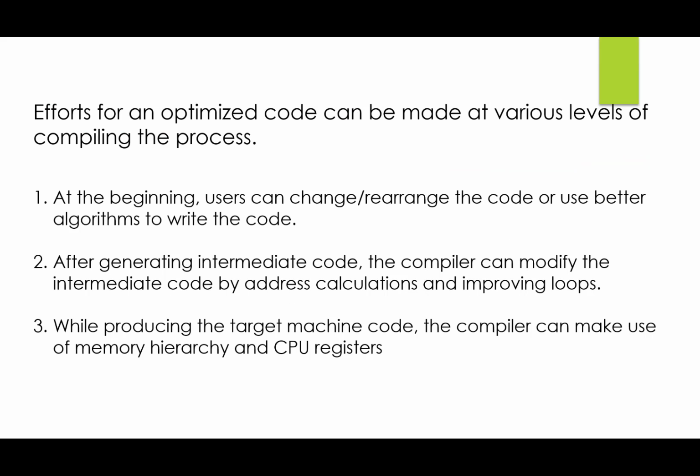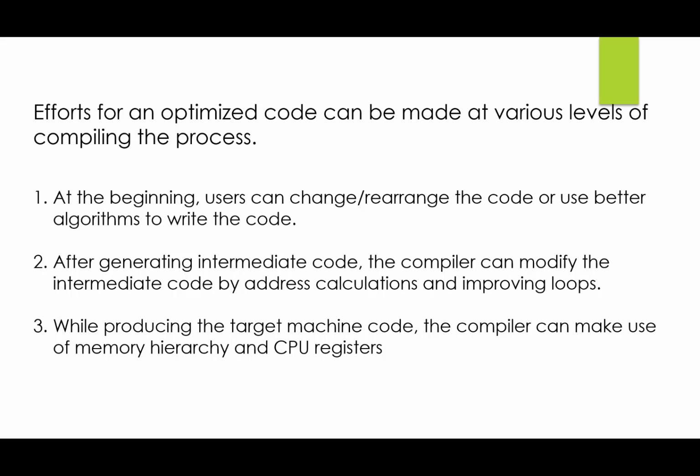Efforts to optimize code can be made at various levels of the compiling process. First, at the beginning, the user can change or rearrange the code or use a better algorithm to write the code. Second, after generating intermediate code, the compiler can modify the intermediate code by address calculation and improving loops.